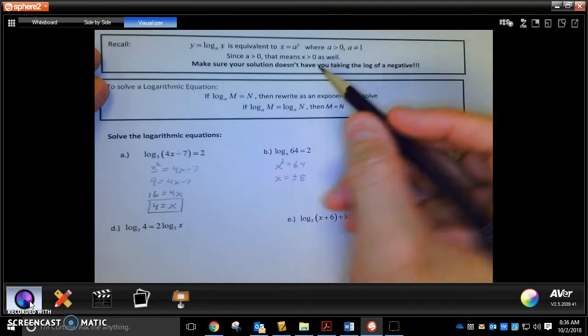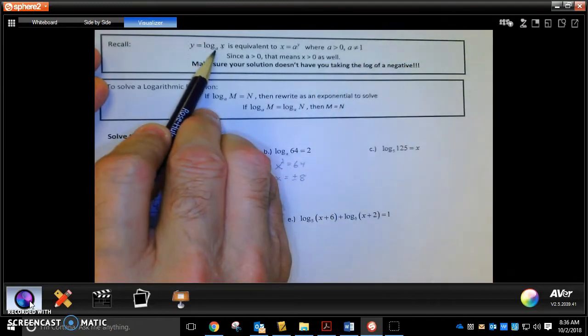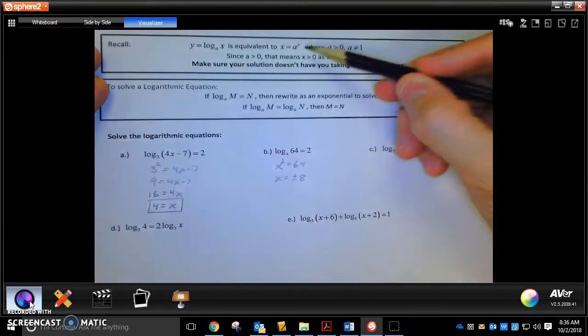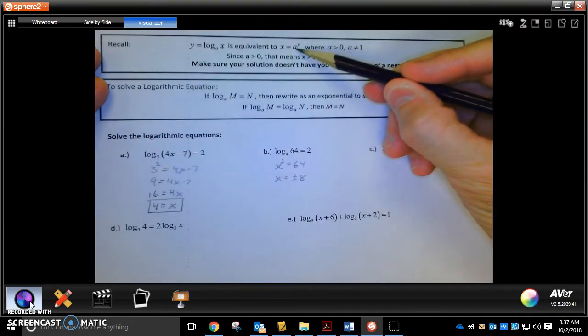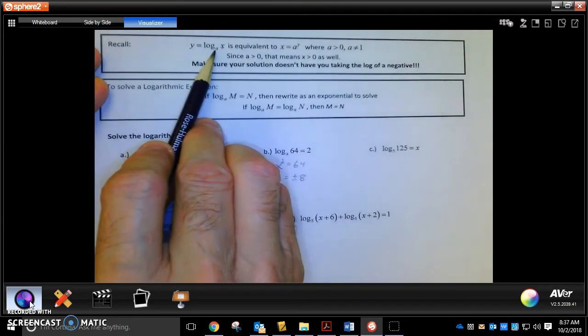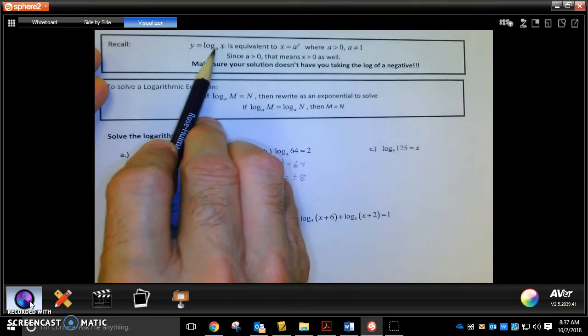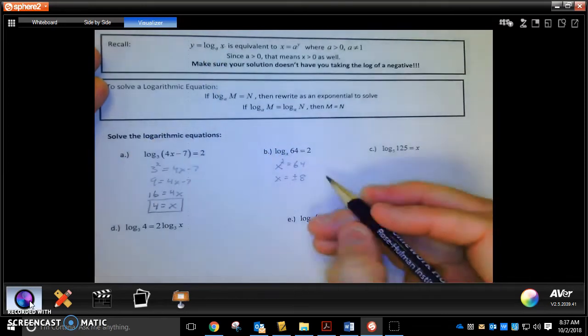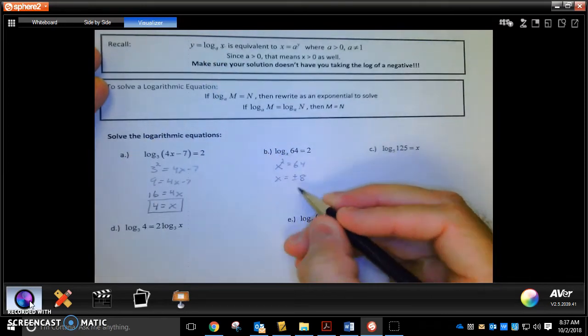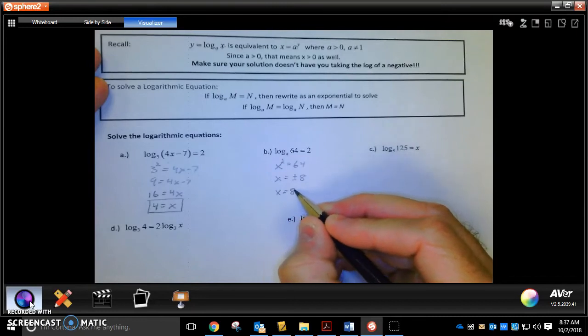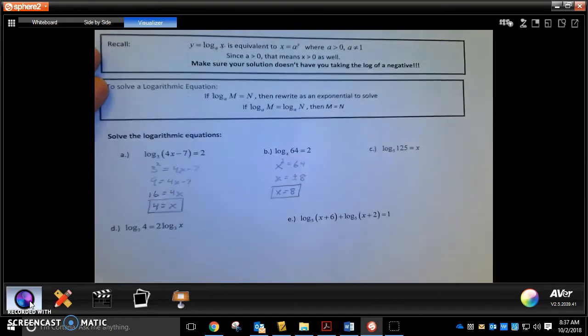Okay, so if you go back up to the top, that's our a right there. That's our base. And since the a is always positive on an exponential, that a always has to be positive in a logarithm. So these two things right here both can't be negative. Okay, so for this problem, we're just going to get rid of the negative answer. So x equals 8. And that's our answer.